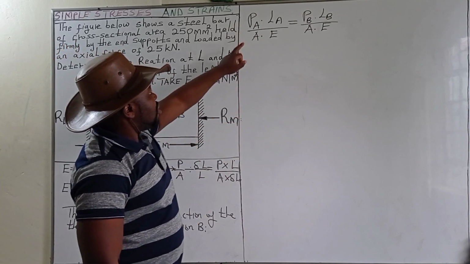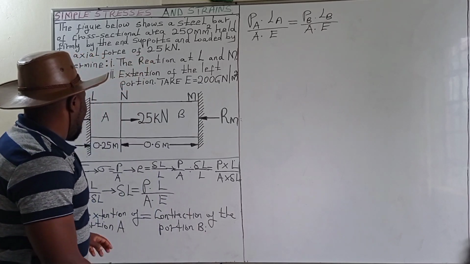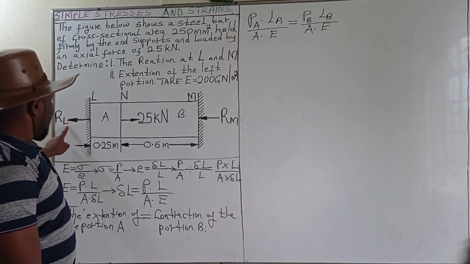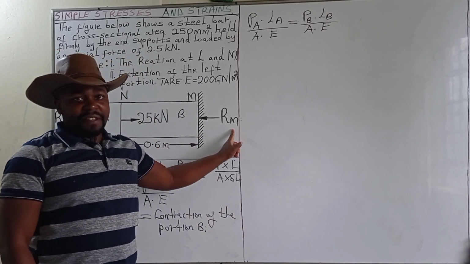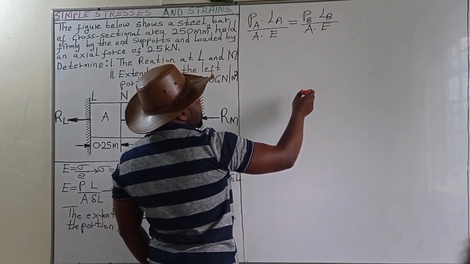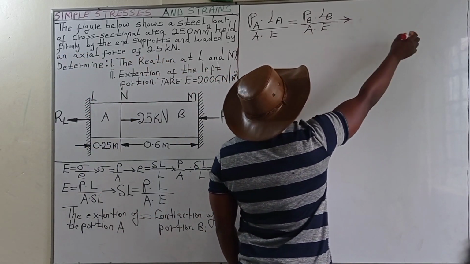Now, this load PA and PB are the reactions RL and RM respectively. So we are going to have this relation.